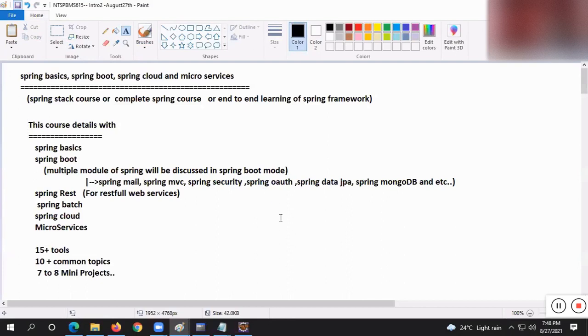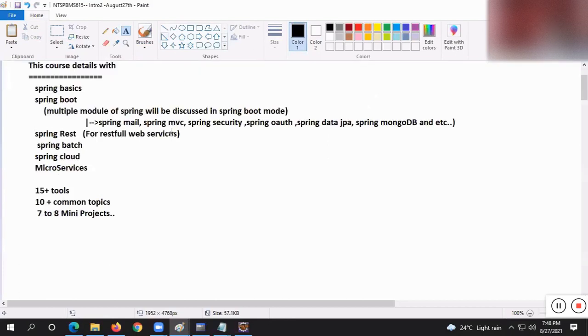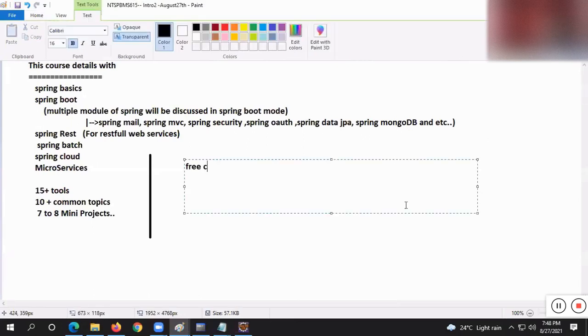Along with this course, we are going to get some free courses, or complimentary courses. You can choose React JS or Angular latest version.